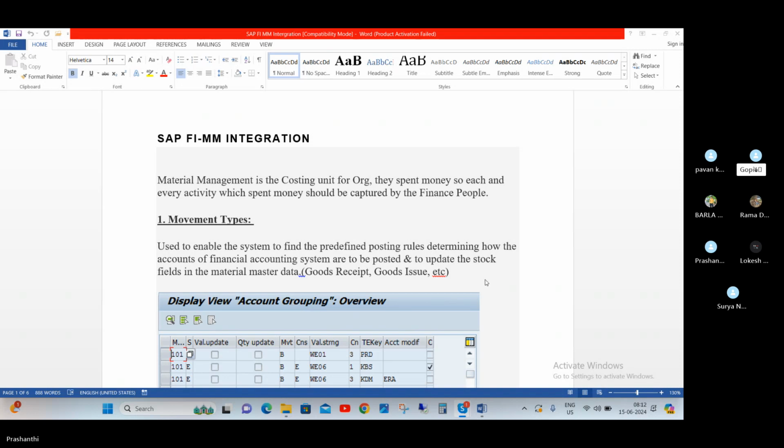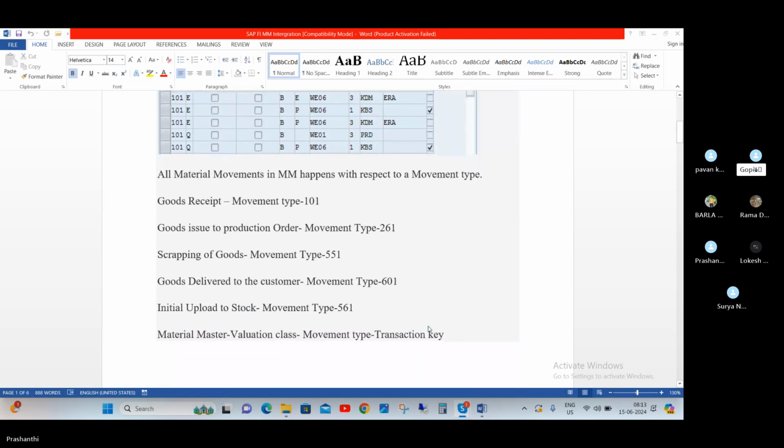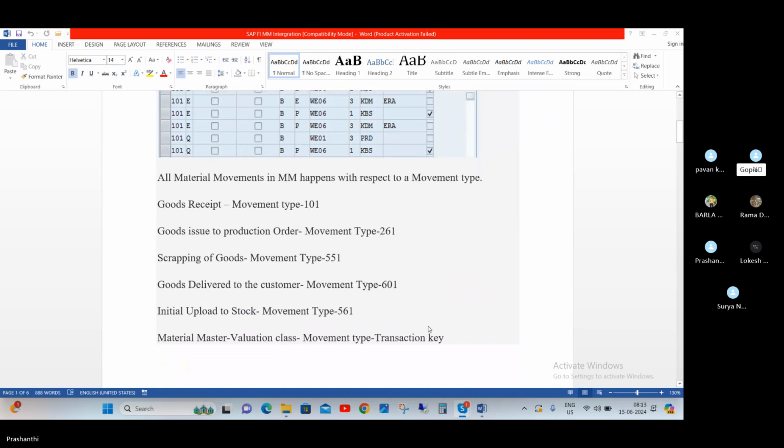Based upon the raw materials or semi-finished goods, we make finished goods. For that purpose we maintain a company first of all. For every material there is a costing.